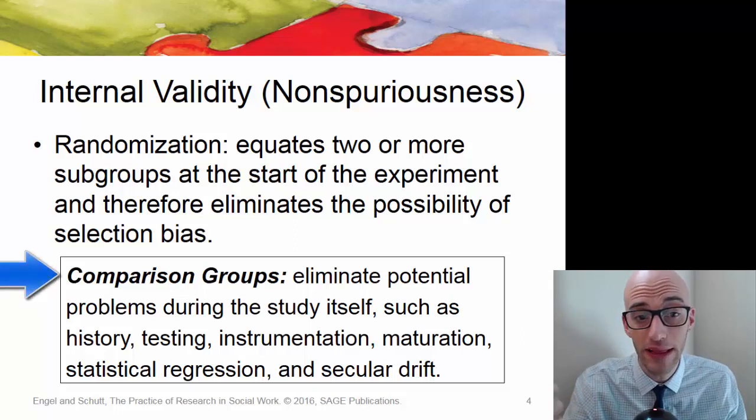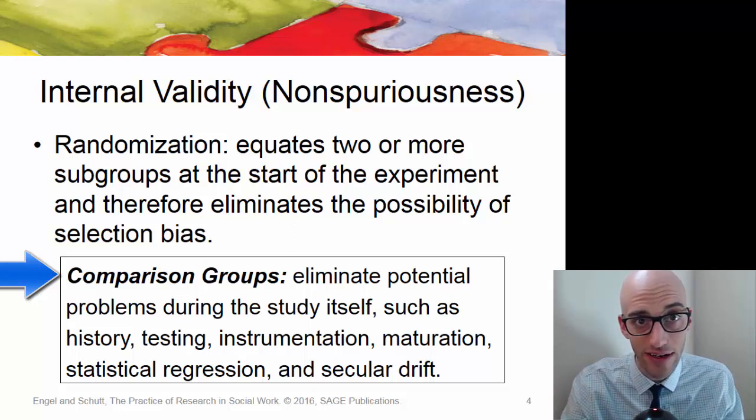And a comparison group really helps to decrease the potential problems of history, maybe people being different before they even began the study, testing, or repeated testing, giving repeated answers or similar results, problems with the instruments or the measurements themselves. Maturation would just be people getting better naturally over time.